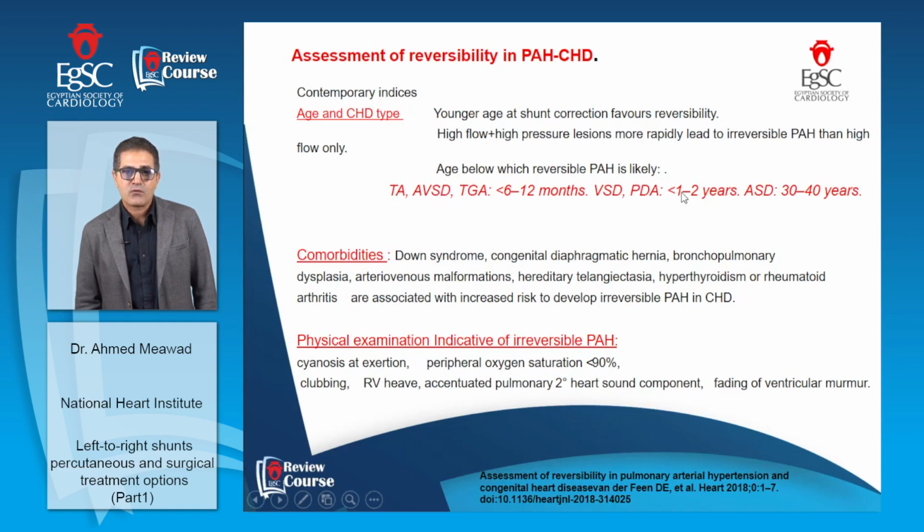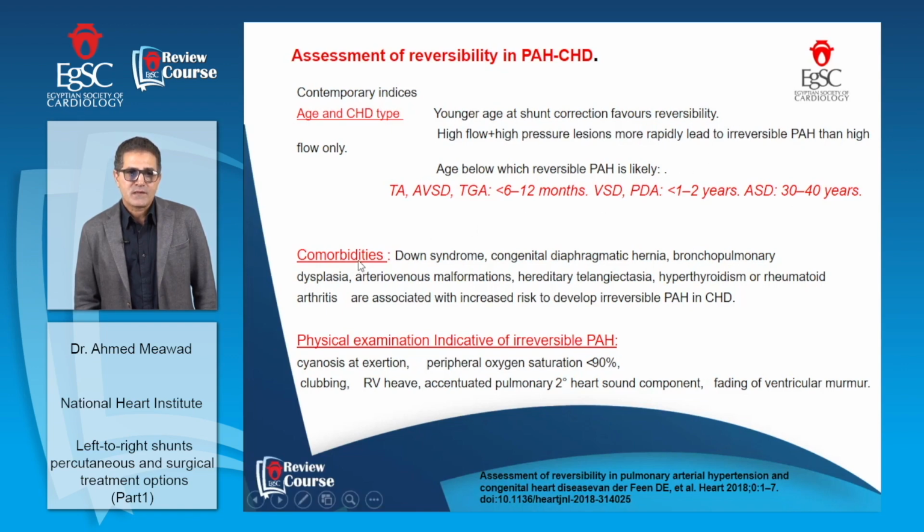It is less than 1 to 2 years in case of PDA and VSD. In ASD, at the age of 30 or 40 years, we may find patients with these shunts. Most of them are at the reversible stage. The irreversible stage or severe pulmonary hypertension in ASD is rare because mostly it is volume overload, not pressure overload.